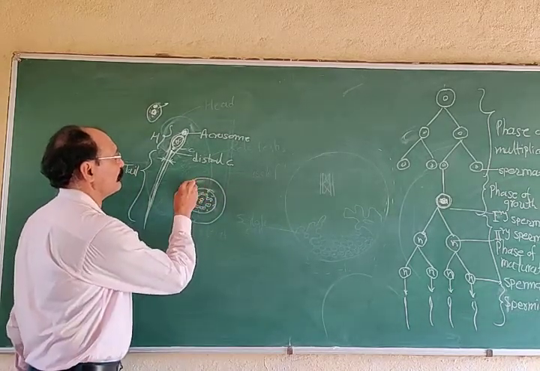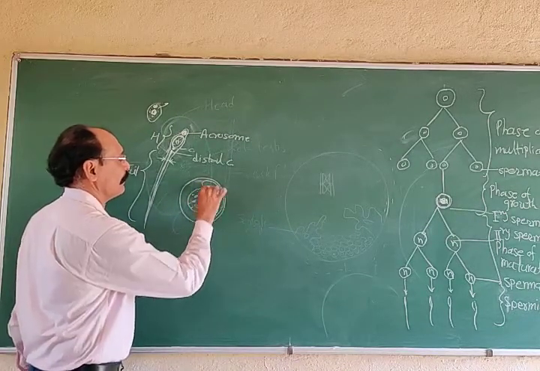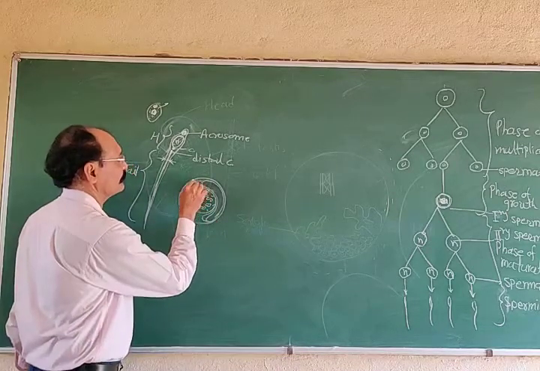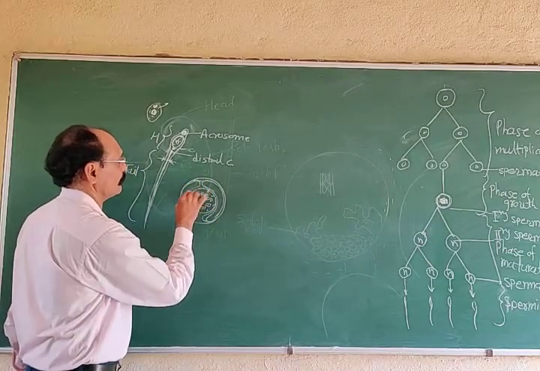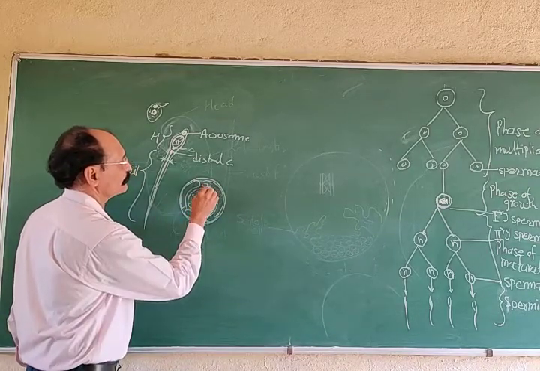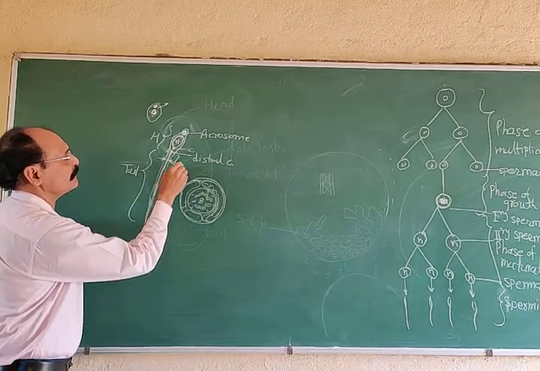Now the mitochondria are arranged around the fibrin, the central axis. So these are the mitochondria which are packed around the fibrin, present in the mid piece.